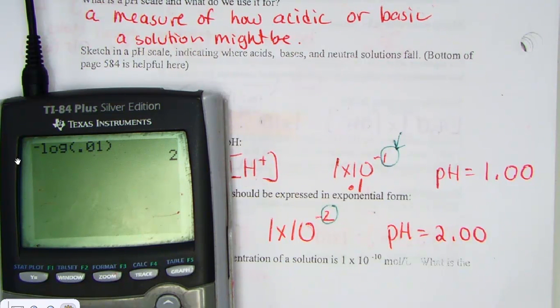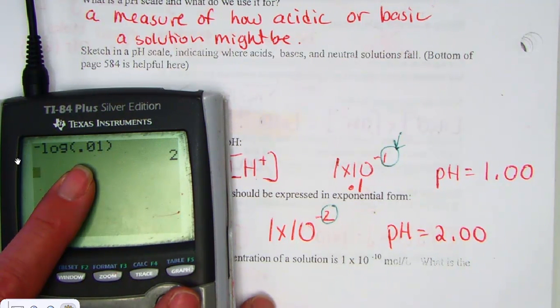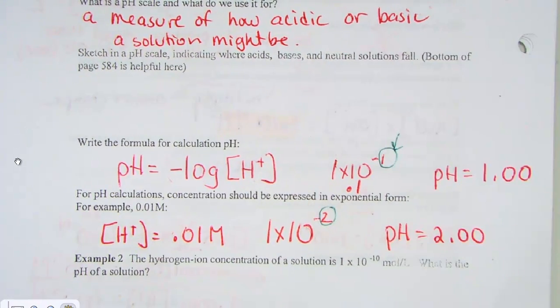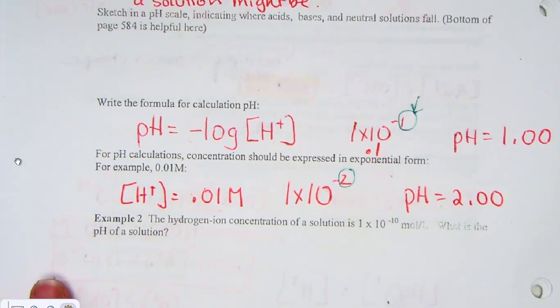Now I'm going to stress something. Whenever we report pHs, they should always have 2 decimal places. That's a chemist's rule of thumb. Even if it's a whole number, we're going to report 2 decimal places. A pH of 2.00 is the pH of a solution that has a hydrogen concentration of 0.01 molar.